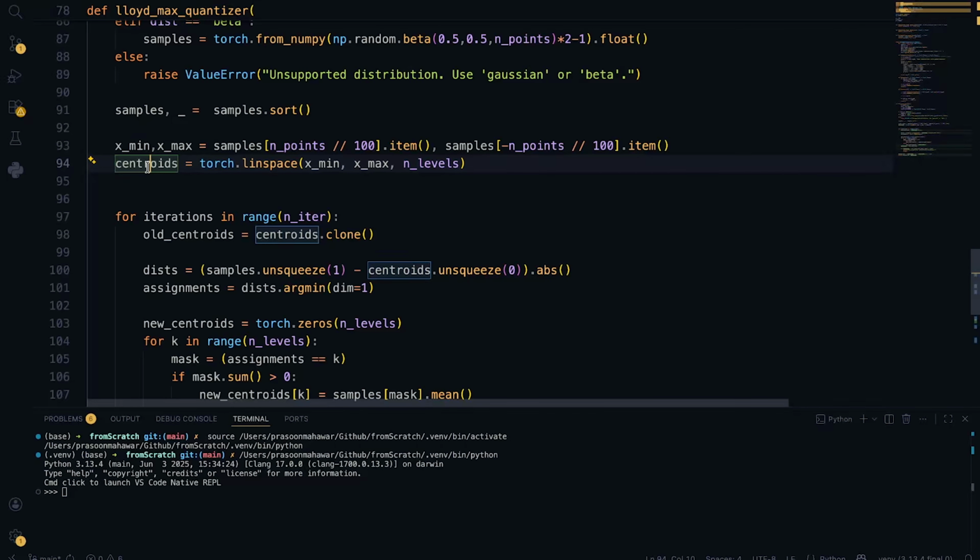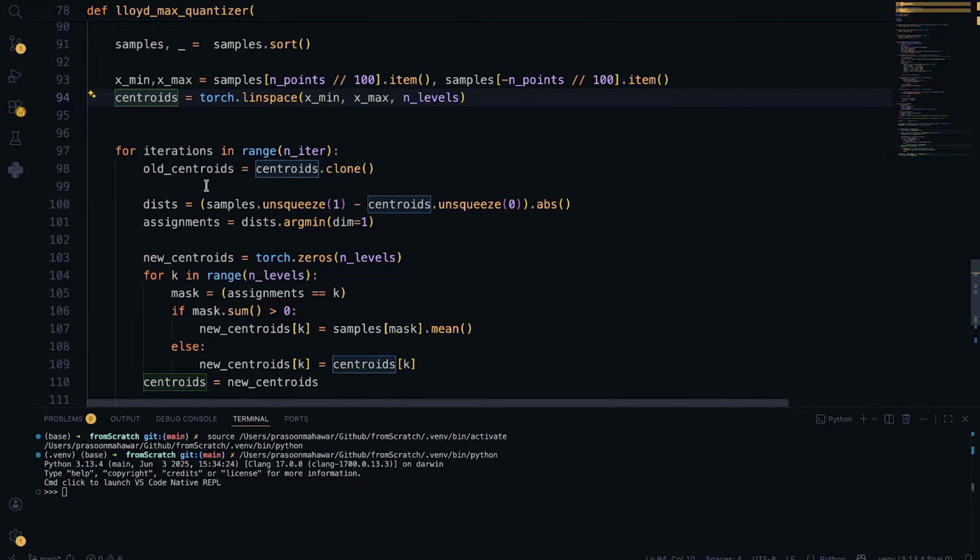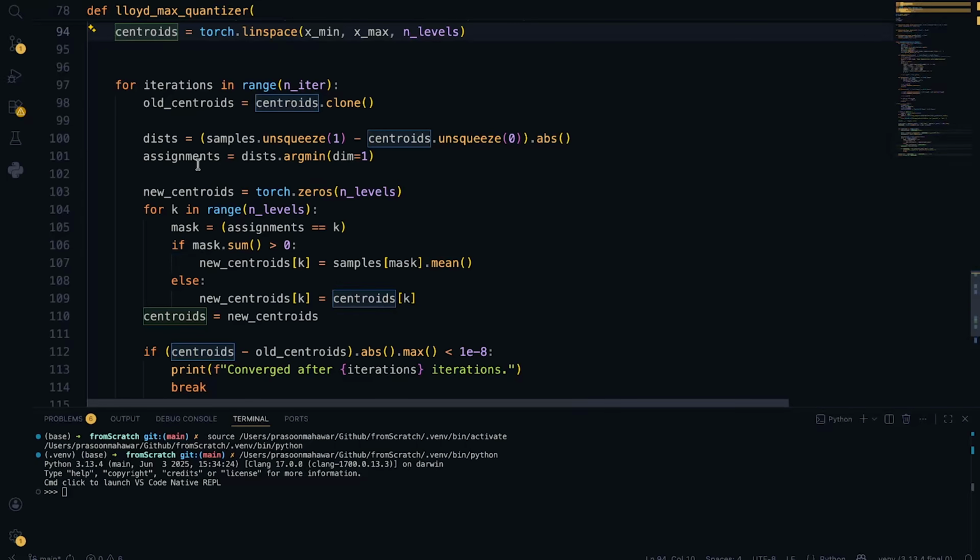We initialize centroids uniformly spread across the range of distribution. Good initialization matters for Lloyd-Max, and uniform initialization works well for symmetric unimodal distributions like Gaussians. The assignment step, dist dot argmin, assigns each sample to its nearest centroid.